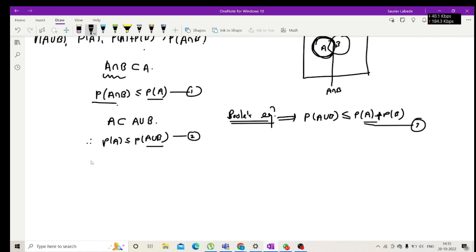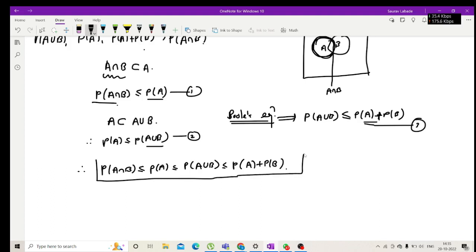So we can write the ascending order as: probability of A intersection B is less than or equal to probability of A, which is less than or equal to probability of A union B, which is less than or equal to probability of A plus probability of B. Okay, so that is my ascending order.